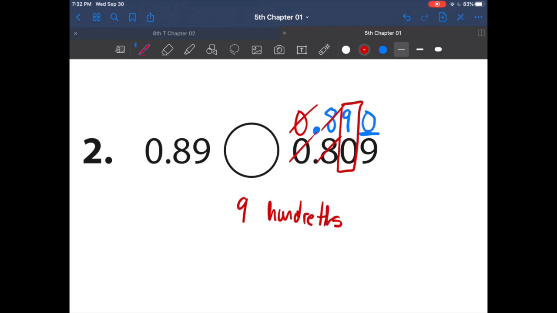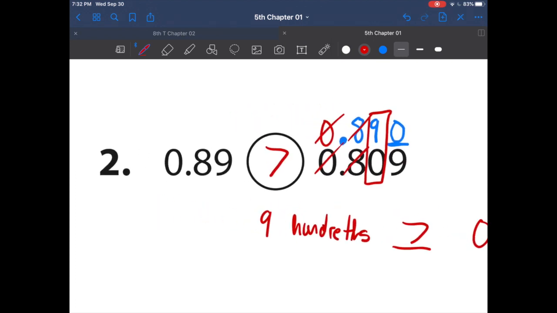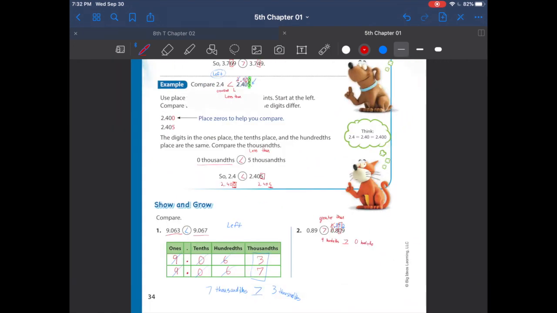Remember, that's the hundredths place. Is that bigger or is 0 hundredths bigger? Well, I know that 9 hundredths is bigger, so I'm going to put that sign. All right. And what sign is that? That is called greater than. All right. Good job, guys. Let's go on to the next one. Perfect.